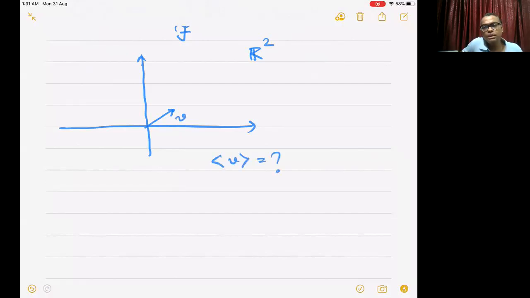Look at all possible linear combinations. Multiply this by 0, you get this one. Multiply it by any other scalar, you get something here, something here. In fact, you get all possible vectors that lie on this line. So this line is the space spanned by the vector V.